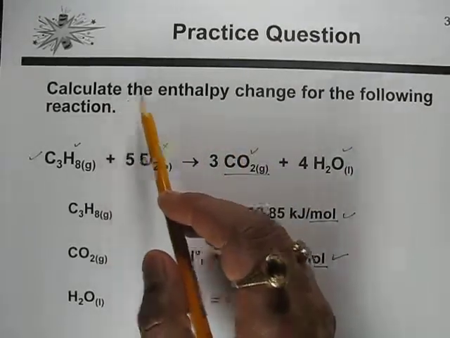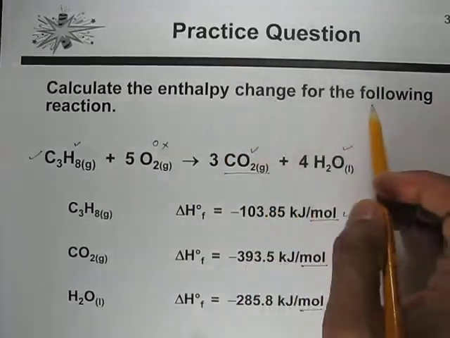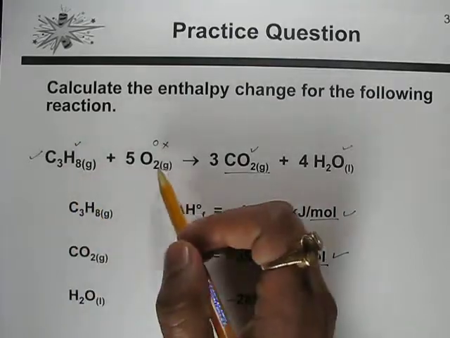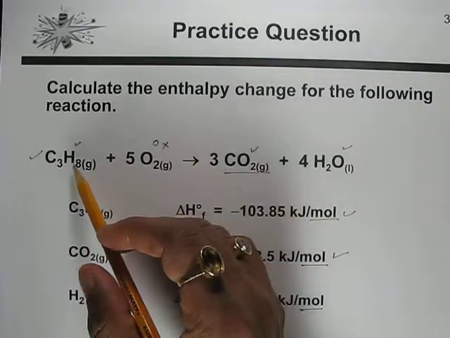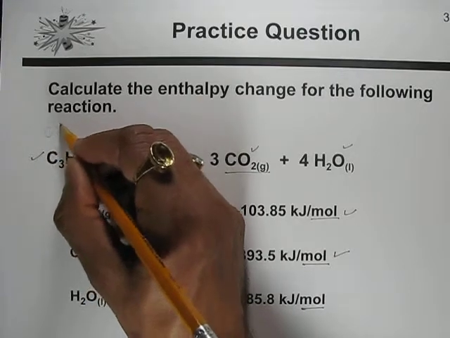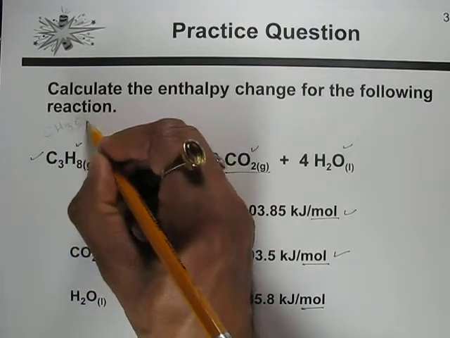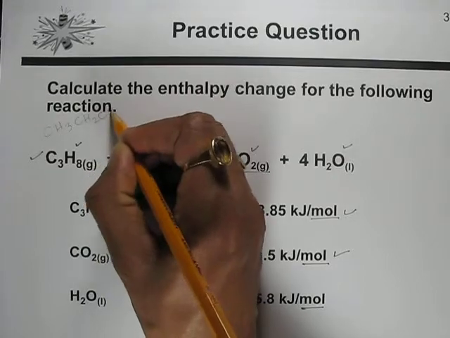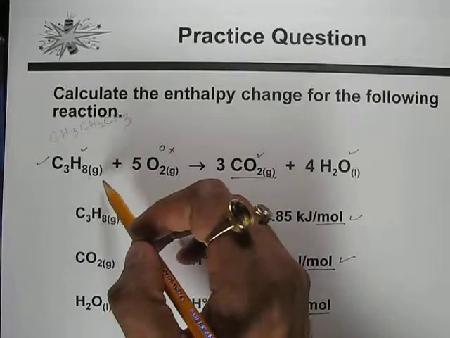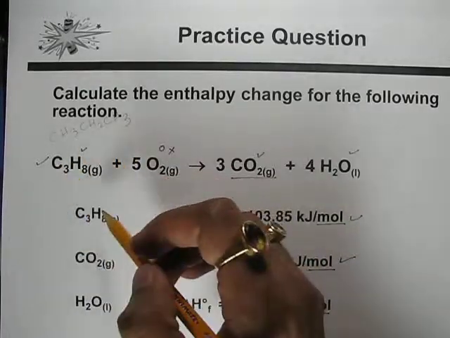Calculate the enthalpy change for the following reaction, where C3H8 gas is propane gas, with 3 carbons and 8 hydrogens.